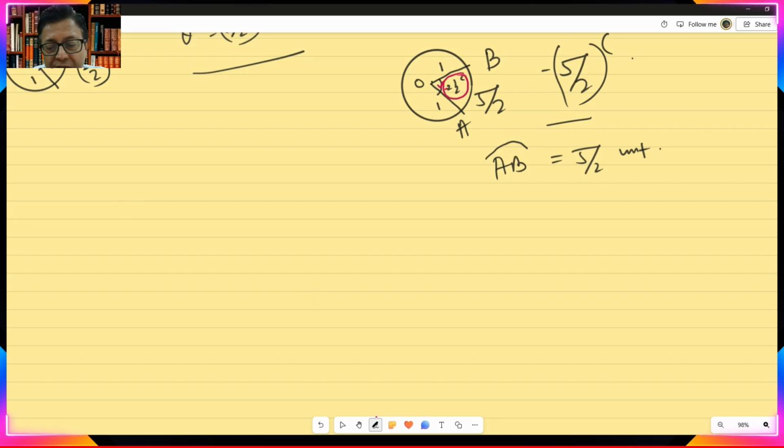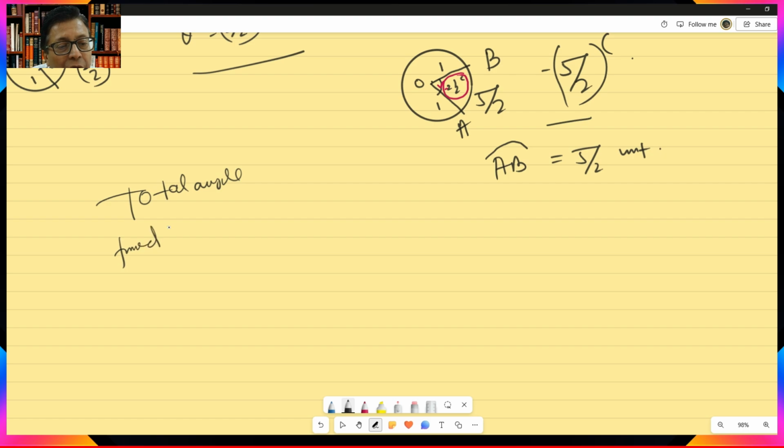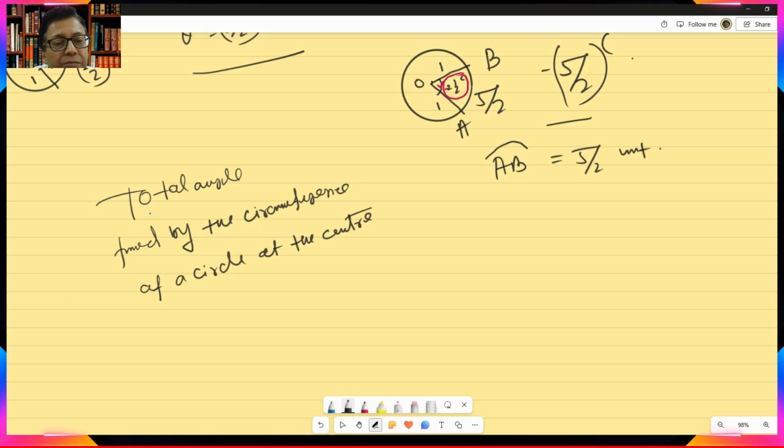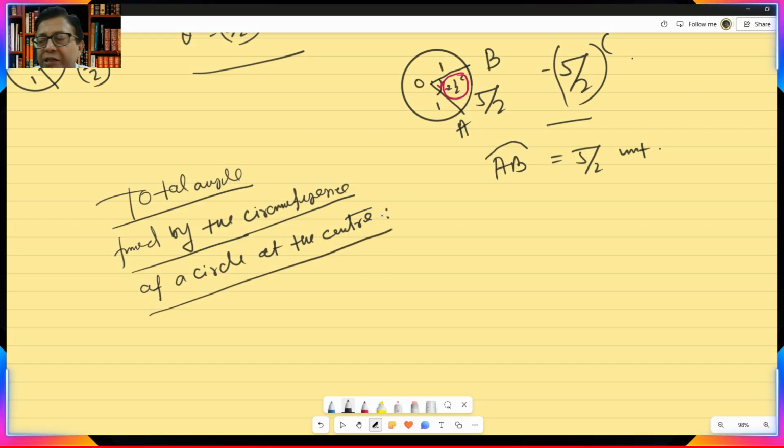Let us do this first. Total angle formed by the circumference of a circle at the center. How much total angle will be formed? Let us account for that. We take unit circle only.